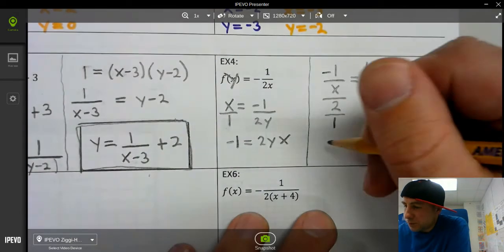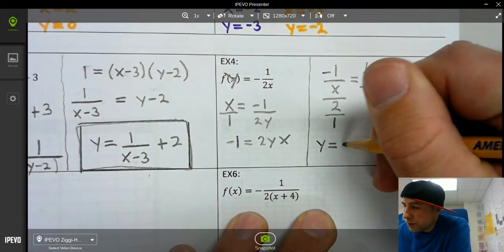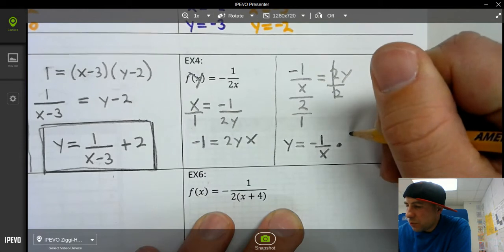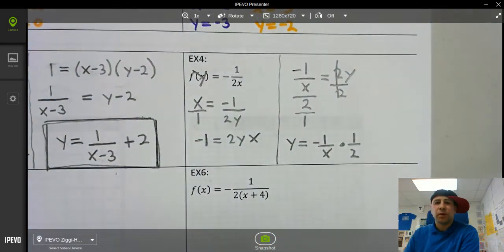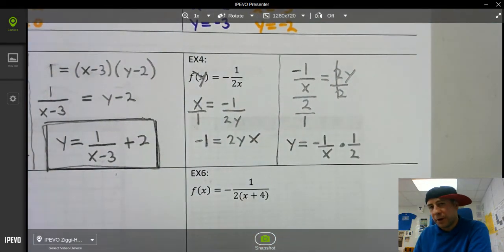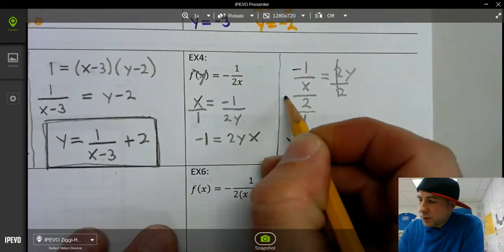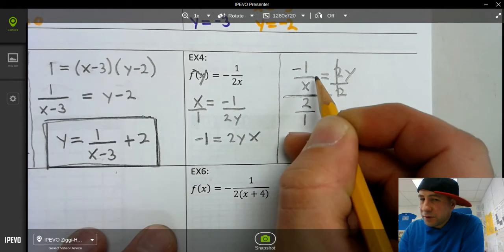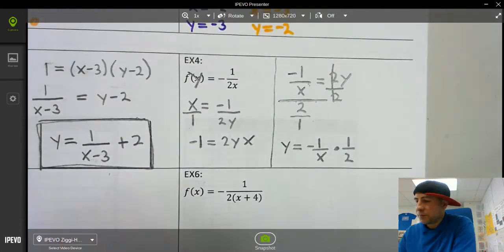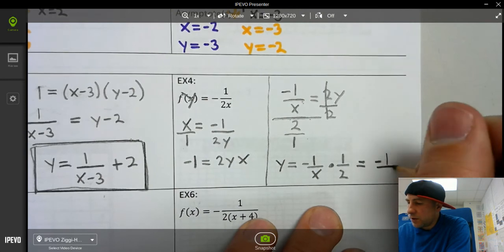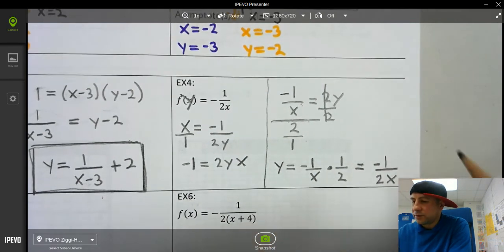So this becomes y equals negative 1 over x times 1 divided by 2. So when you divide by fractions, you flip the denominator and then multiply it by the numerator. Okay? And I say that because technically, even though it's a whole number, there's your numerator, there's your denominator. So that equals negative 1 divided by 2x.